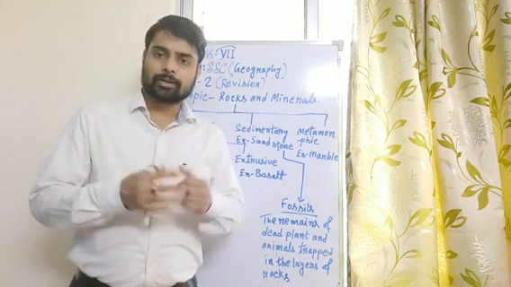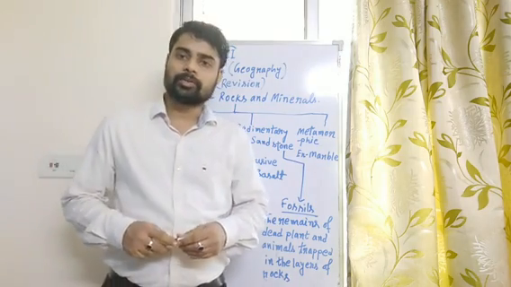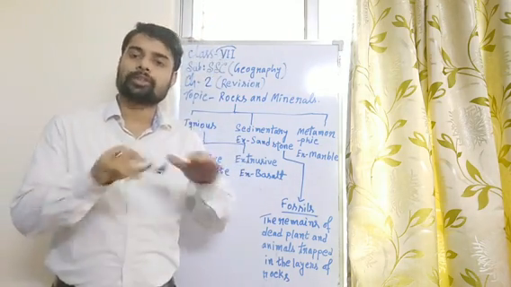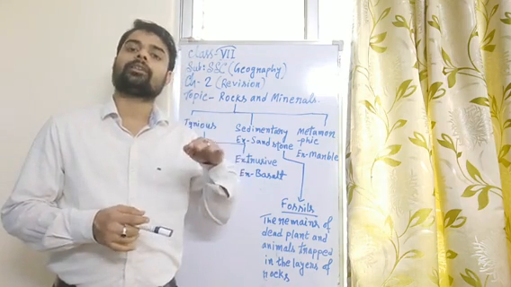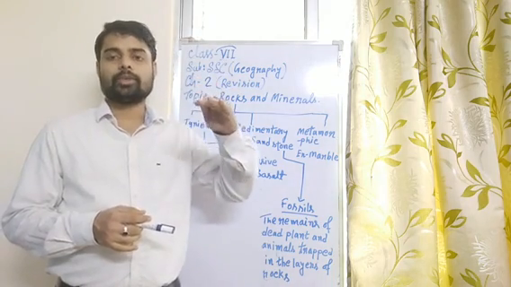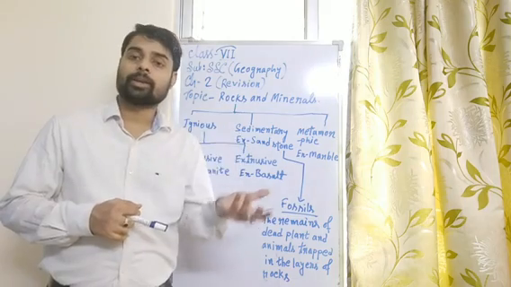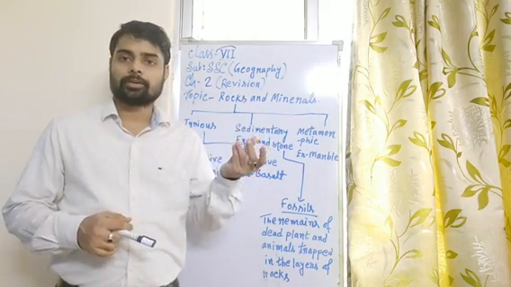If the molten material called magma finds some weaker spot on the surface of the earth, it tries to come out, because it is under huge pressure and temperature inside our earth. When the pressure is released, it suddenly comes out.